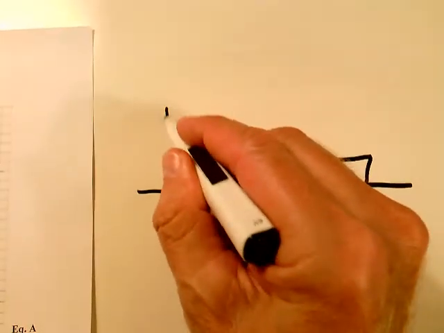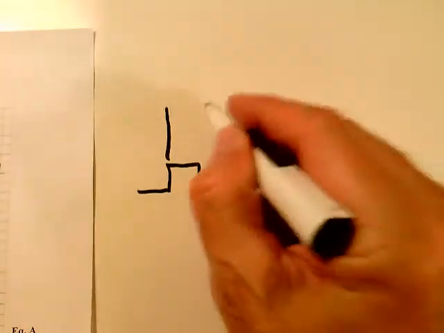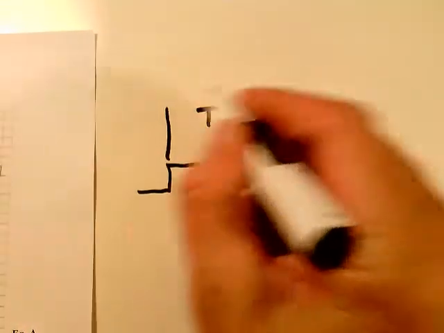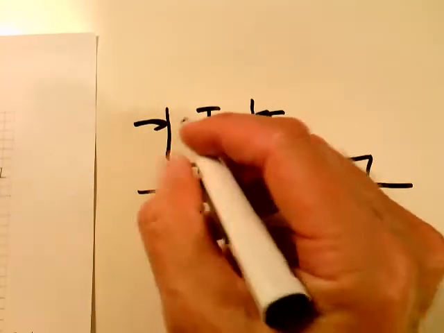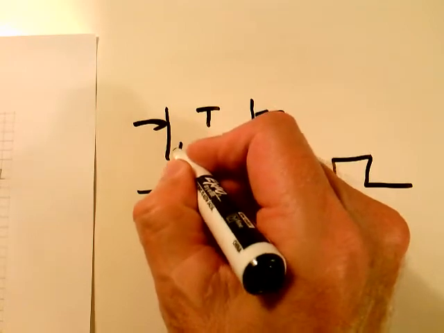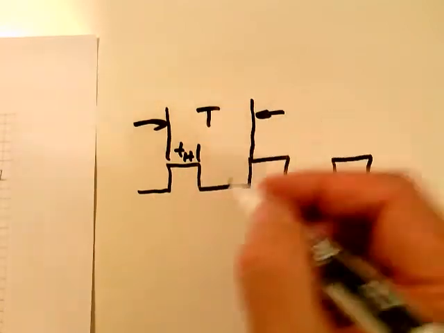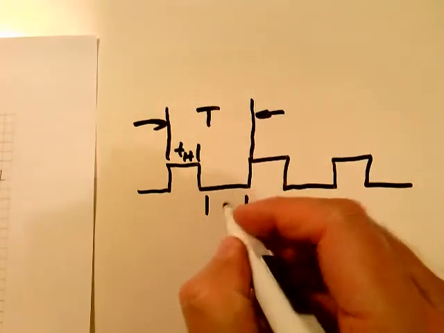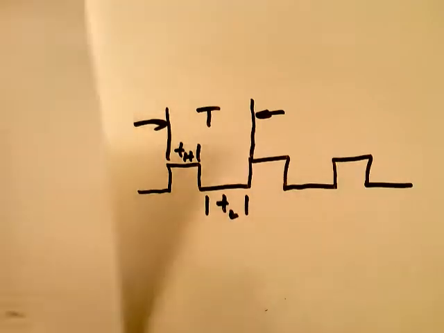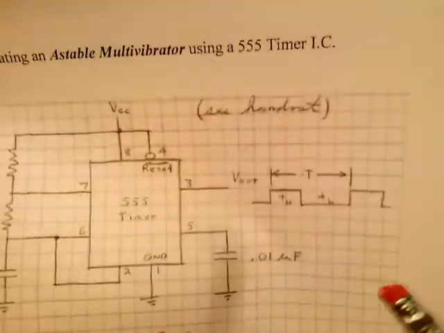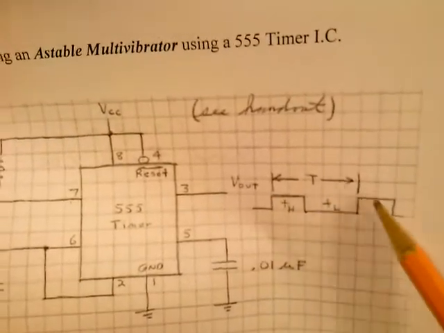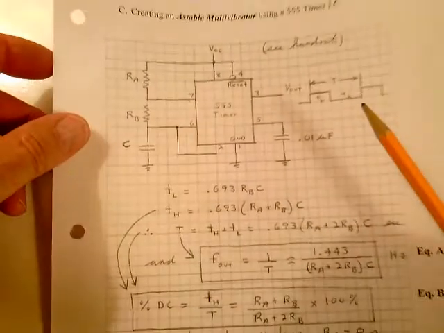The period obviously is going to be this T. From there to there is your period. And this is your time high. I'm going to call this T sub H. That's your time high. And from here to here is your time low. I wrote that all right here so you can see it in your notes, because that's how I use these in the equations down here.